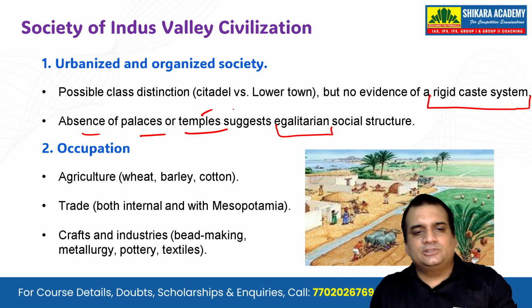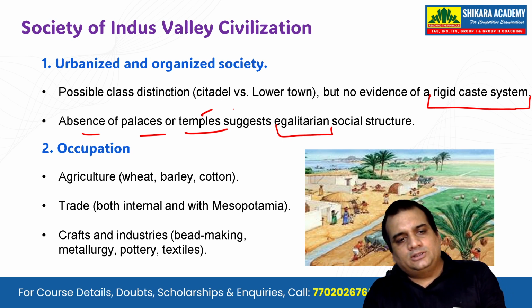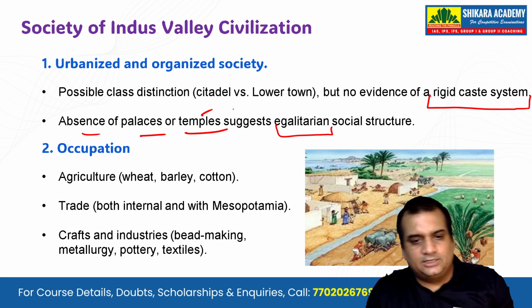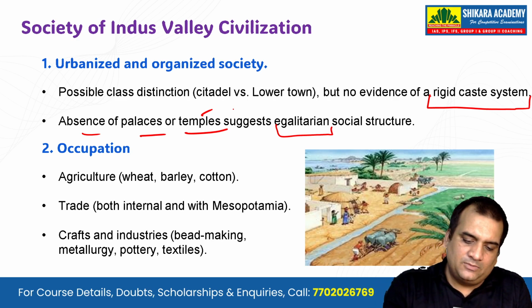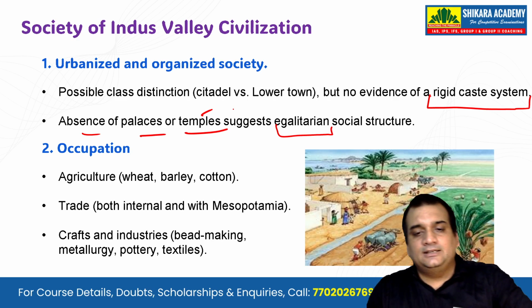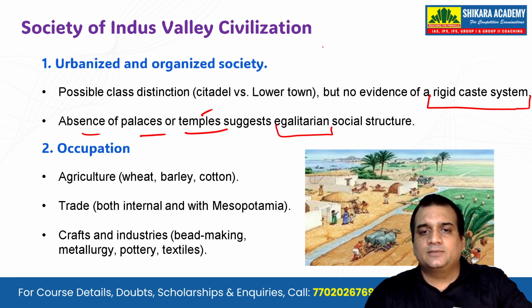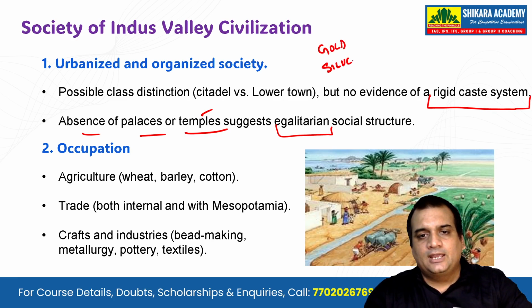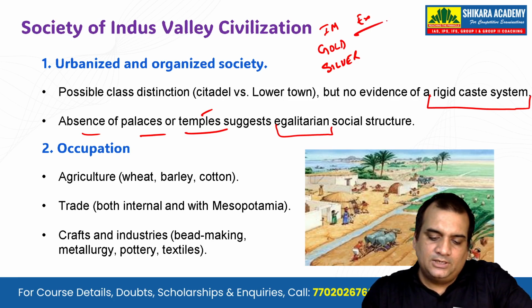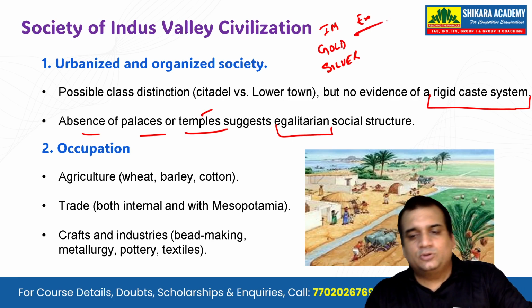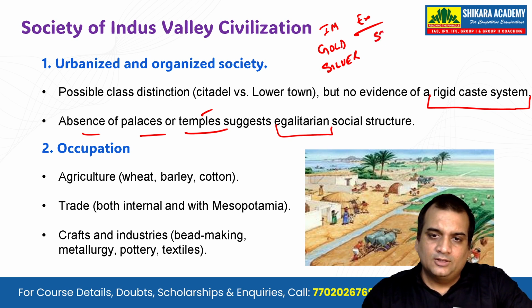Occupation: agriculture, wheat, barley, cotton. That's what was their trade, both internal and with Mesopotamia they were doing. And please understand what were they importing. In this valley civilization, people were importing gold and silver. And what were they exporting, guys? The Indus Valley civilization people had stones, semi-precious stones or precious stones to export.